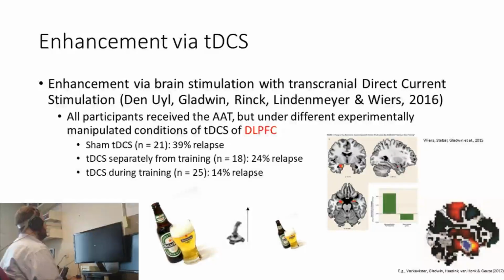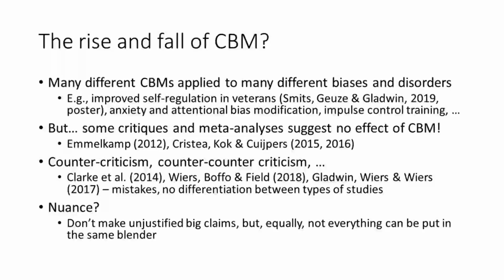It's not the same theoretical idea as where the training came from, but we kind of learn as we go along. So that's a nice example of the potential of CBM and where it is. It needs to be replicated, but there's quite good evidence that it is useful, and it's building a picture of the processes involved and why it would work.